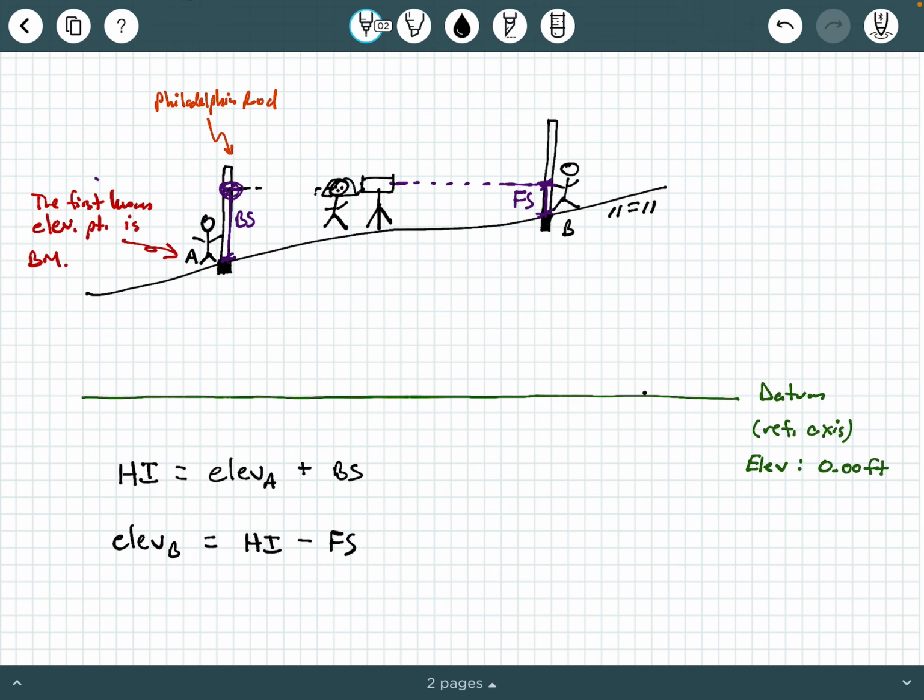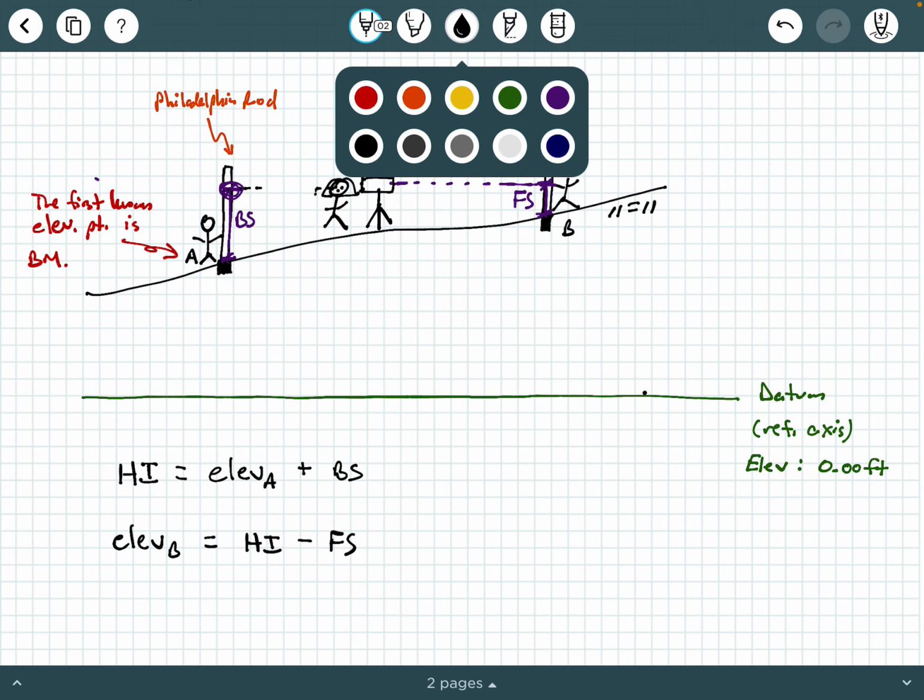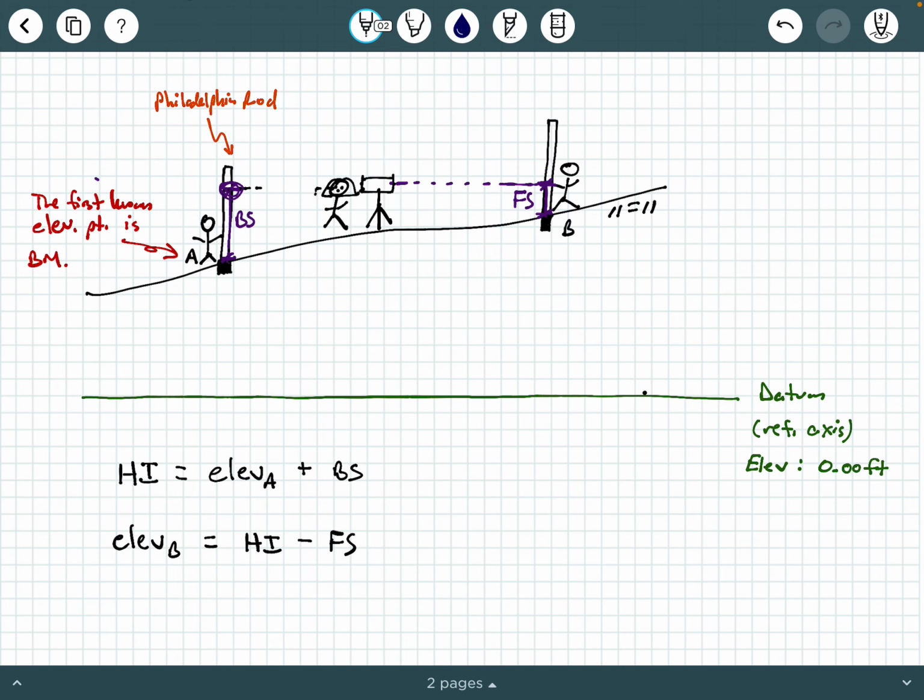So where are these values here? Well, the first value that we need to make sure we're able to identify is this value right here, okay? The distance from the datum up to where point A is, that's the elevation of point A. That's the known elevation.